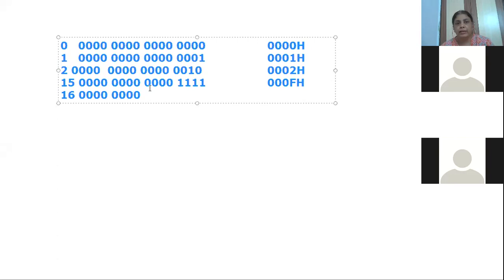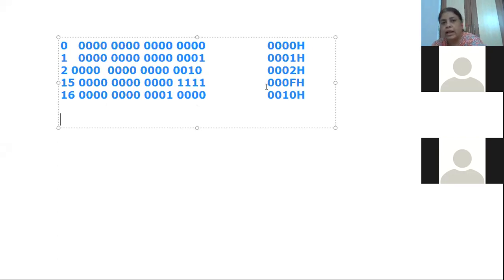Okay. So here I am writing 1 0 0 0 1 and this will be 0 0 0. And in hexadecimal कैसे लिखेंगे यहाँ पर? What is the code? Right. Very good. 0 0 1 0 H.